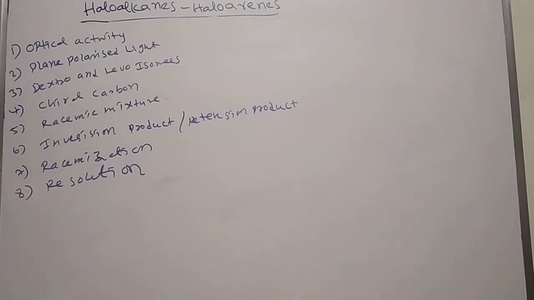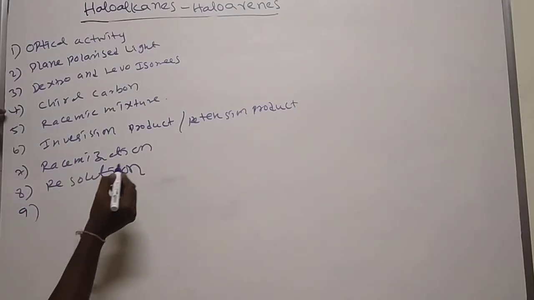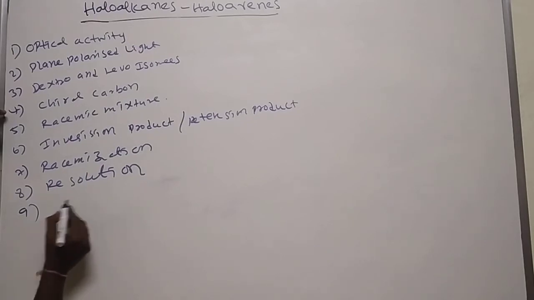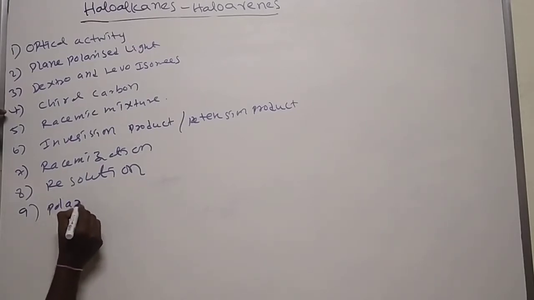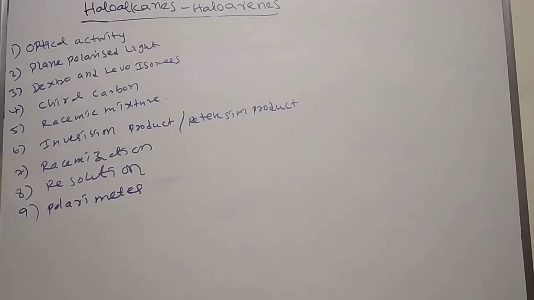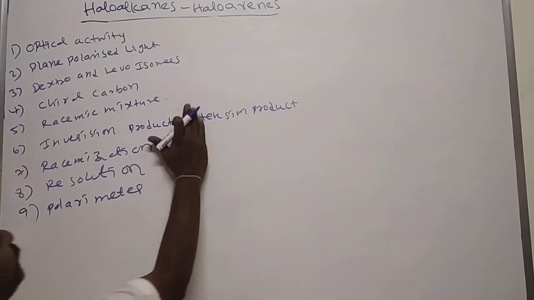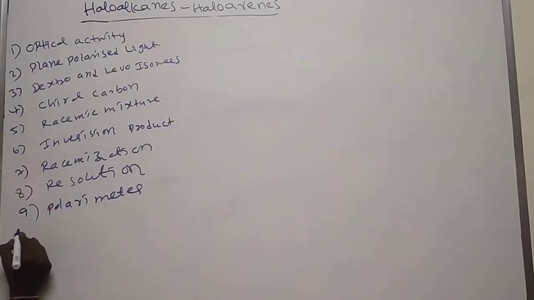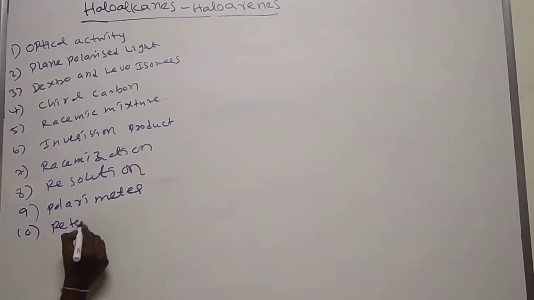These are the important terms. Optical activity, plane polarized light, dextro and levo isomers, chiral carbon, racemic mixture, inversion product, retention product, racemization, resolution, and polarimeter. This is also one important term.